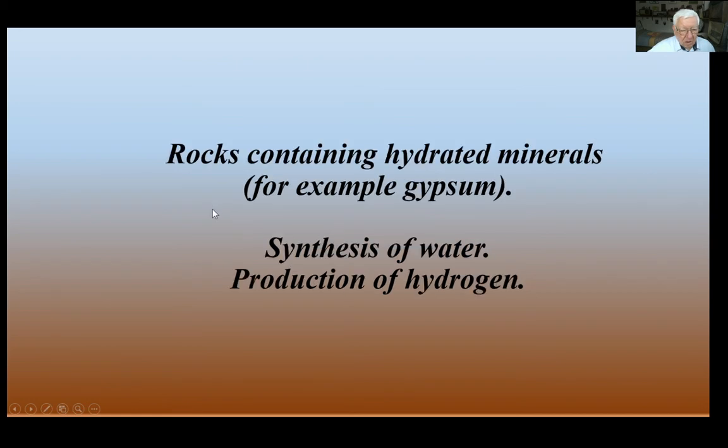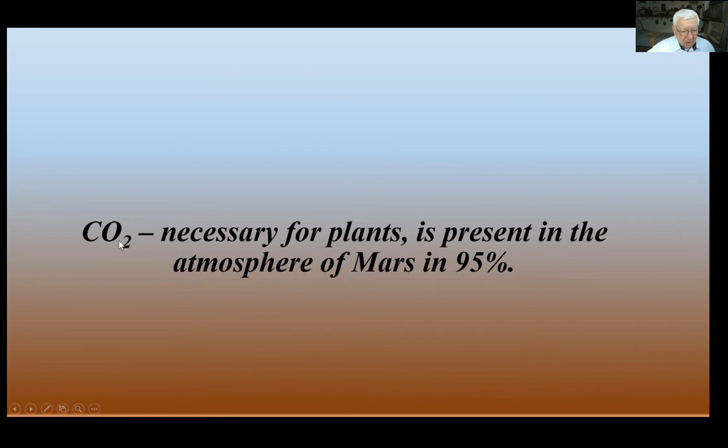So a hydrated mineral like gypsum is possible to use for production of water, because in each particle of gypsum there are 2 particles of water. So heating gypsum, we are able to obtain water from gypsum, and from water we may obtain hydrogen.